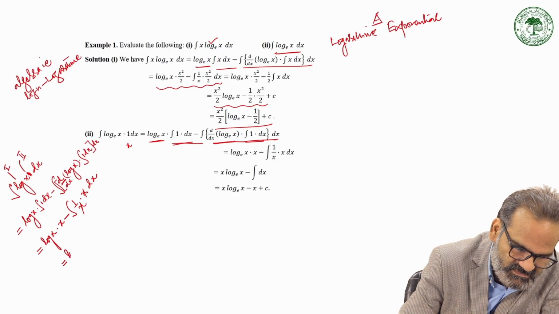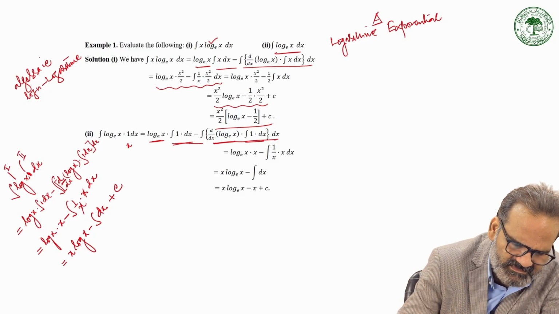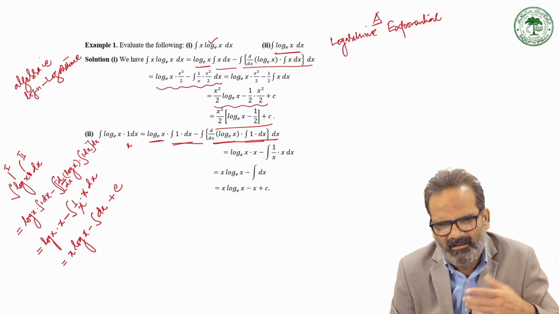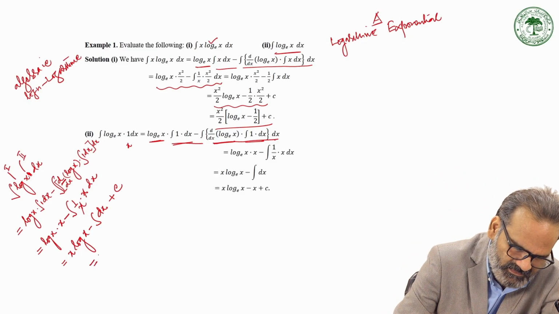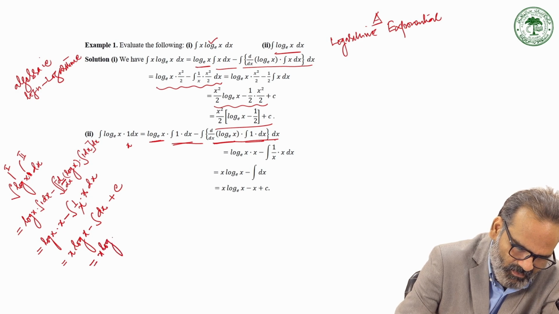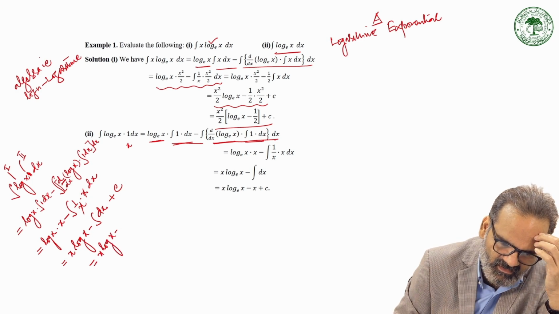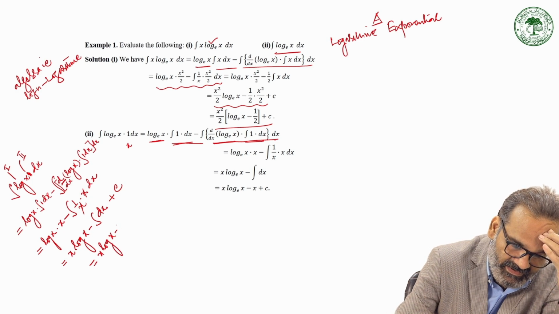This is equal to x log x minus the integral of dx, plus a constant c, right? And this is equal to x log x minus, integral of dx is again x, plus c. Take x common for your convenience. You will get x into log x minus 1, plus c.